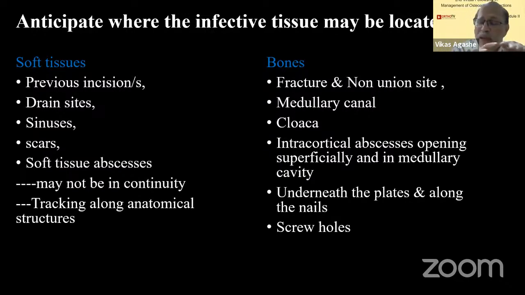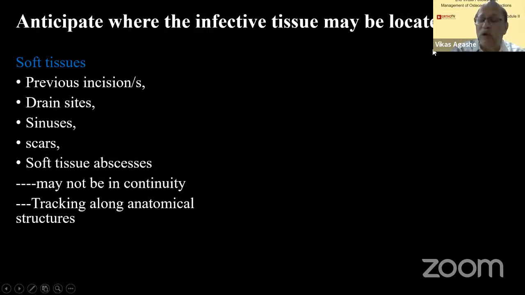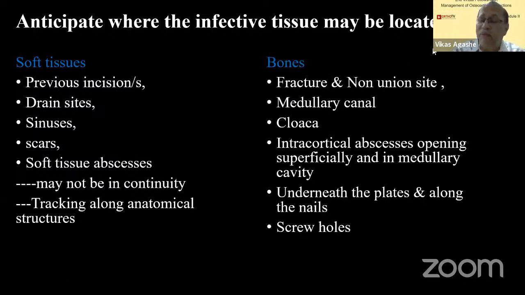So you need to excise everything. The sinuses and scars generally have infective tissue, and of course, there would be soft tissue abscesses. They may not be in continuity. They can be discrete. They can be multi-loculated soft tissue abscesses. And quite often, they track along the anatomical structures.